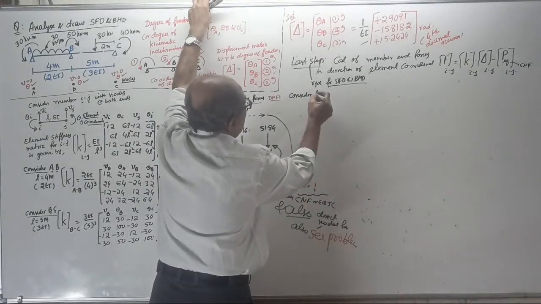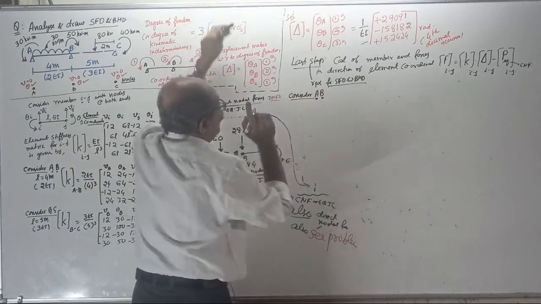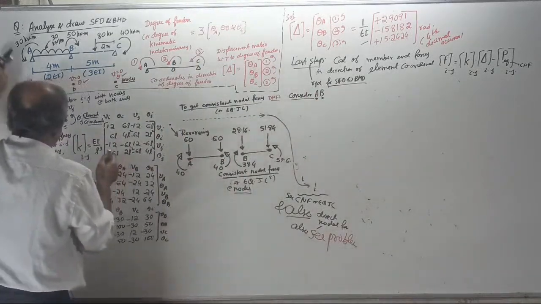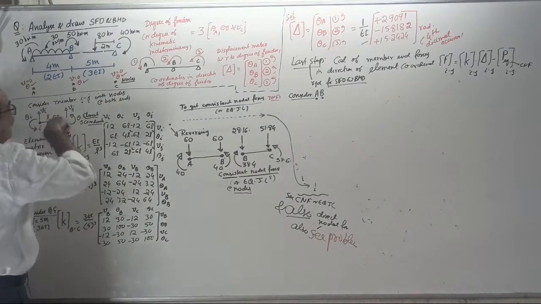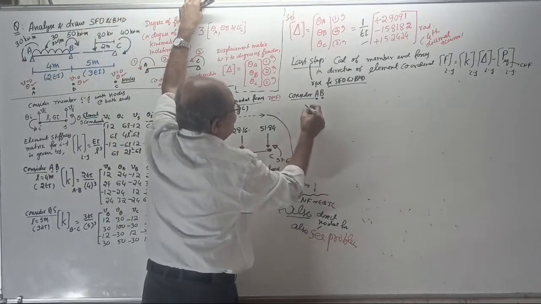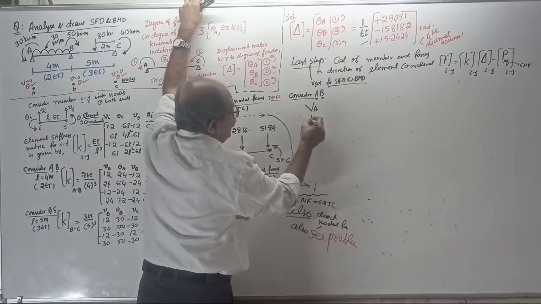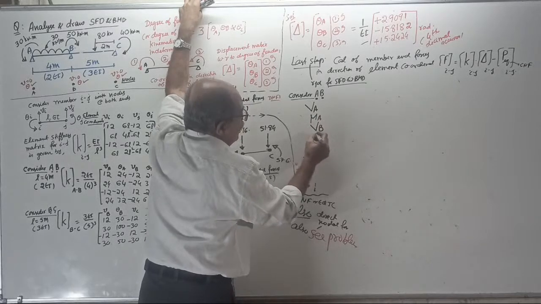Consider AB, node A, node B. Element coordinate means what? See here. Vertical reaction, moment: vertical reaction at A, moment at A, vertical reaction at B, moment at B.